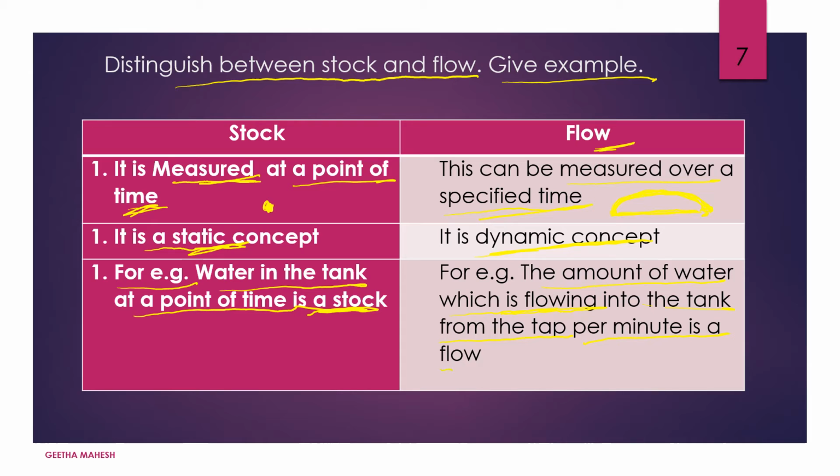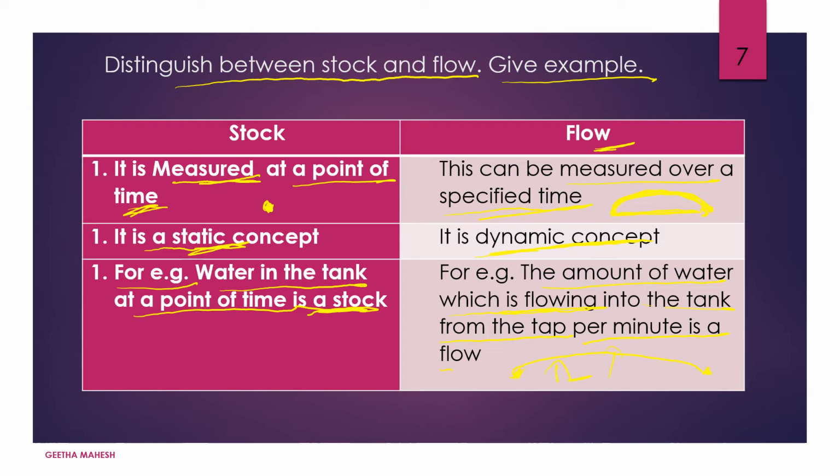Per minute means there will be 60 seconds, and when you turn on the tap and water is flowing into the bucket, the water level will keep on increasing. It won't remain the same. The quantity of water will be changing from the first second to the 60th second. So we call this the flow concept, and it is a good example for flow.